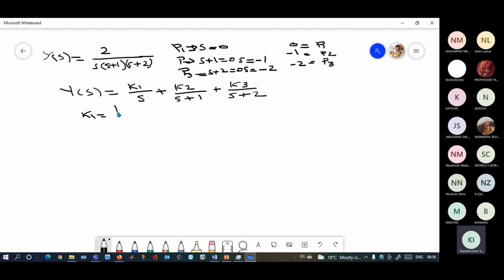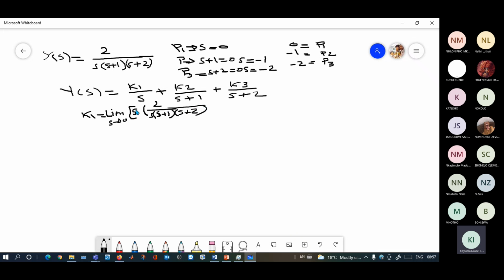K1 will be equal to the limit as s approaches 0 of, open this square bracket, s times 2 over s times (s plus 1) times (s plus 2), close the brackets.